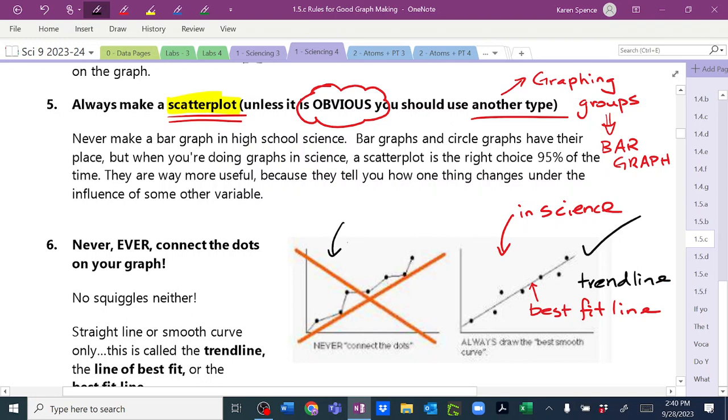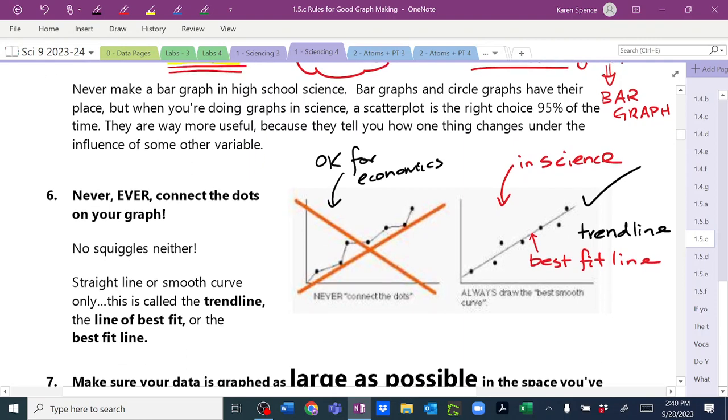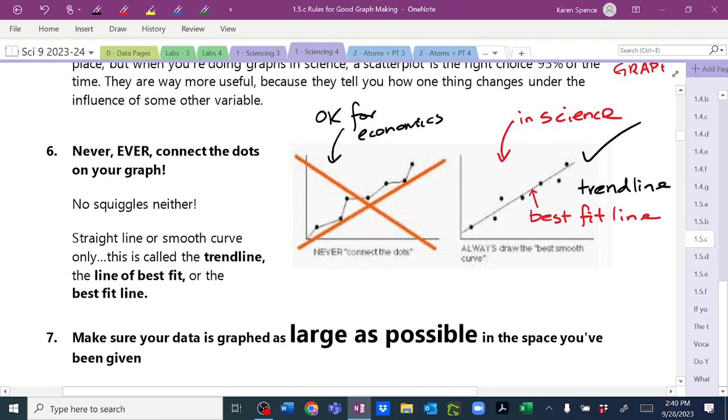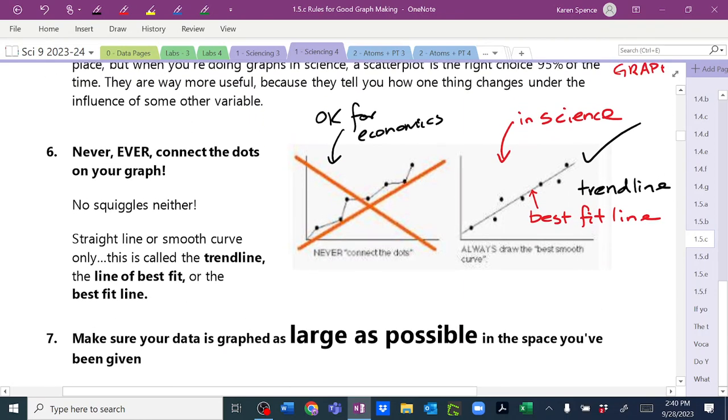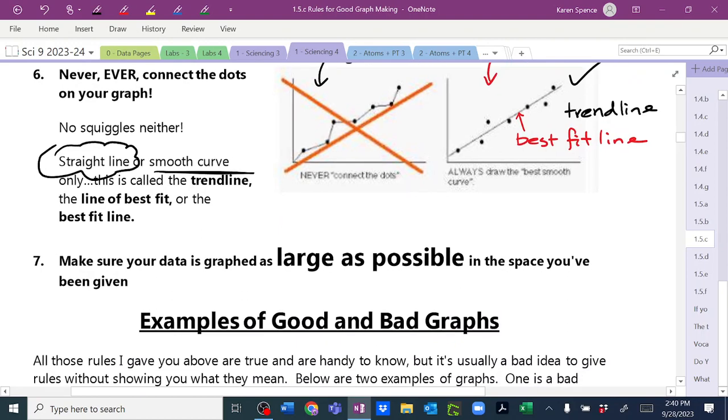The other would be okay for maybe economics or some other things. You are always going to draw a straight line or a smooth curve, and there are not going to be any squiggles either, and we'll talk about squiggles in a moment, okay?